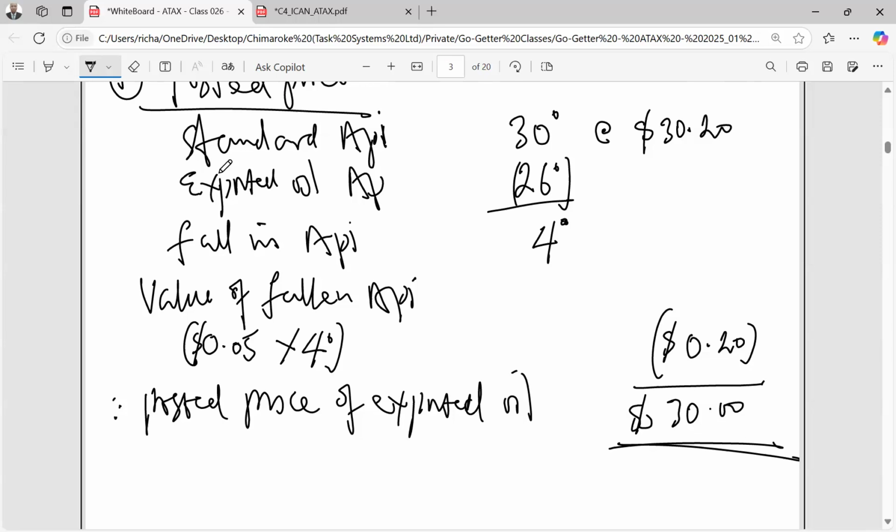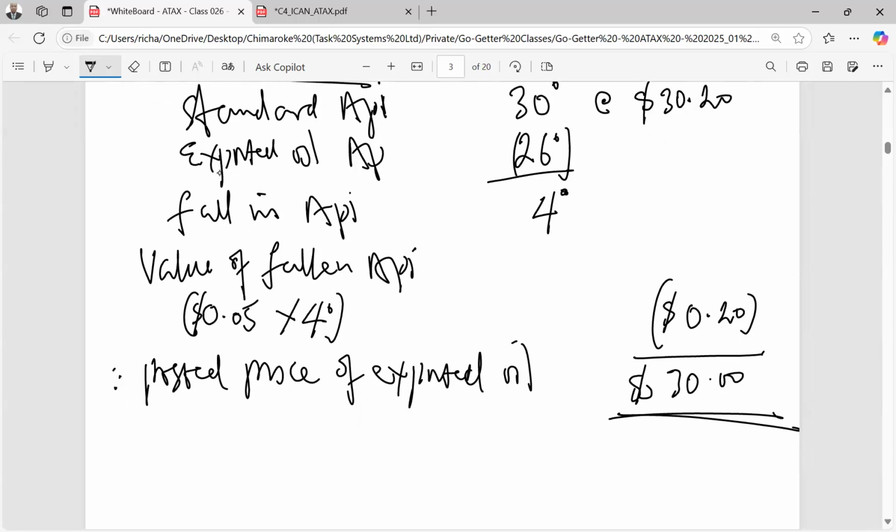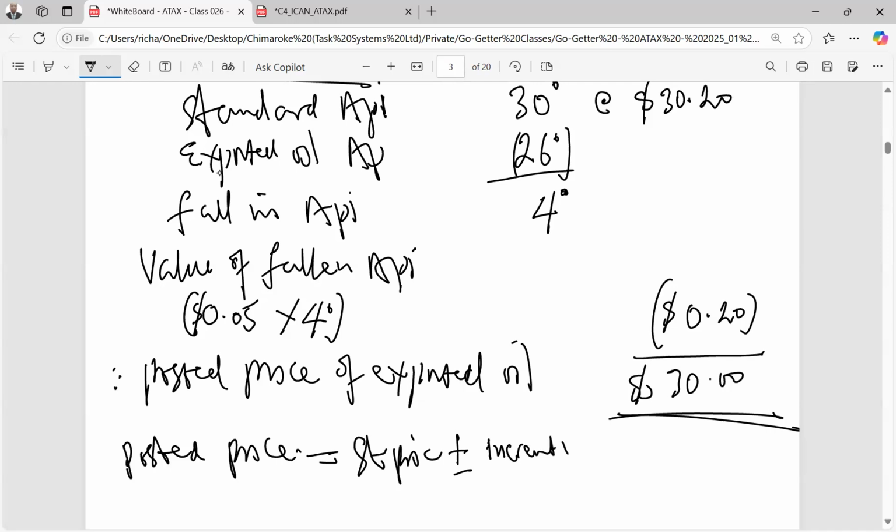So we can derive our own formula here, and we can say posted price, from what we just did, equals standard price plus or minus increment value times rise or fall.